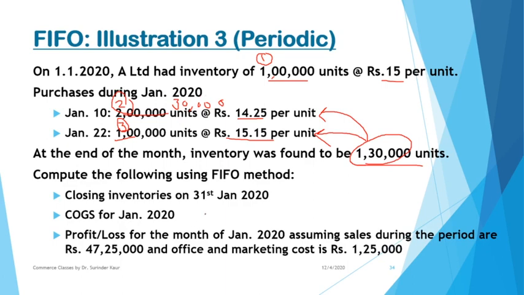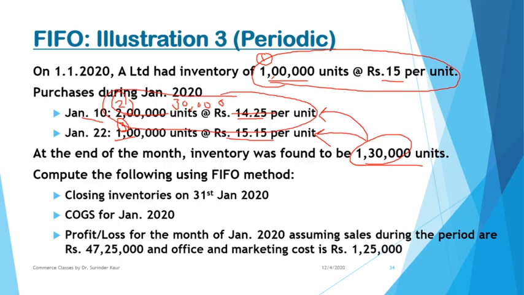So your cost of goods sold will be 1 lakh units at the rate of 15, and in the second lot you will have 1,70,000 units at the rate of 14.25 because 30,000 are left, isn't it?